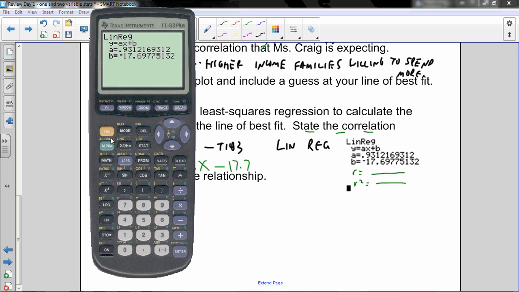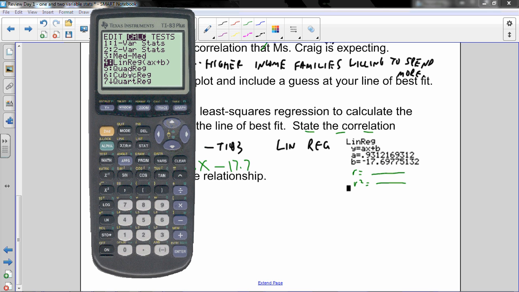So you might have to do this again, and I'm going to. Every time I turn this one on, in fact, I have to do it. So I pressed second, 0 to get to the catalog menu, and then I go all the way down to DiagnosticOn. Run that command, and then I go back and do my linear regression again.